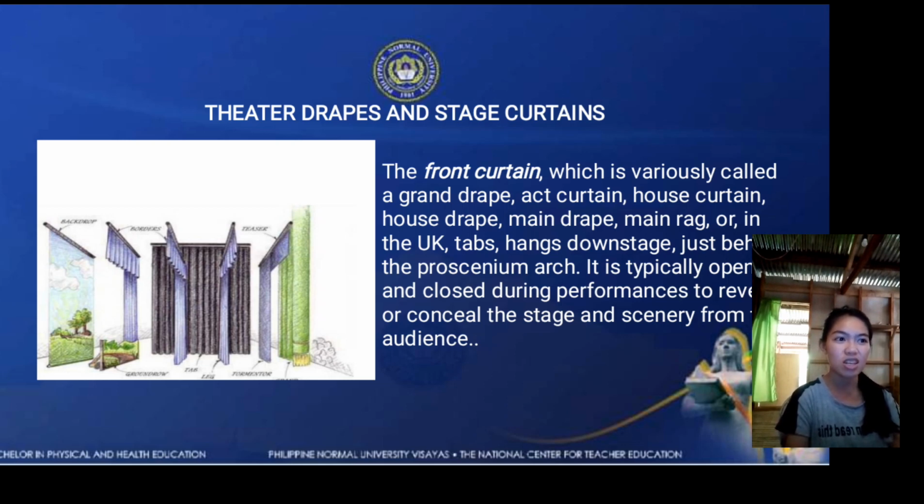It hangs downstage just behind the proscenium arch, where it opens directly. It is slightly close to the audience. It is typically opened and closed during performances to reveal or conceal the stage and scenery from the audience.